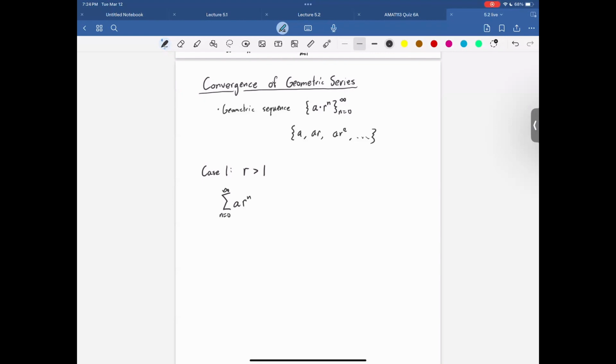Now the kth partial sum here, if we take a look at that, we start with s sub 0, and that'll be a. And then s sub 1 is a times 1 plus r. And s sub 2 is a times 1 plus r squared.